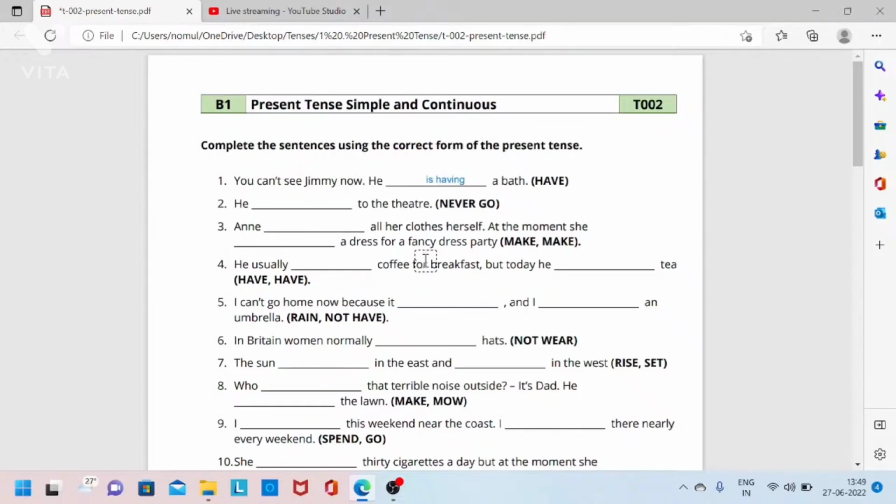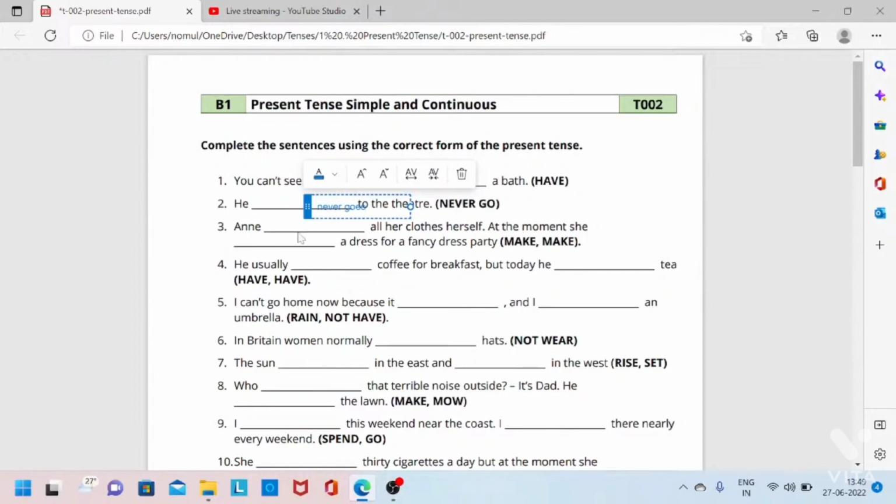Let us see the next one. He dash to the theater, never go. Using these two words, we have to complete the sentence. We already have never here. Now go will be goes. We have to add es to the verbs, right?